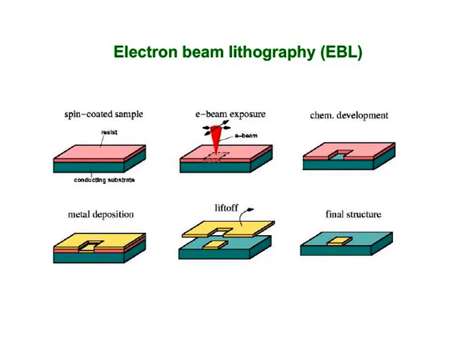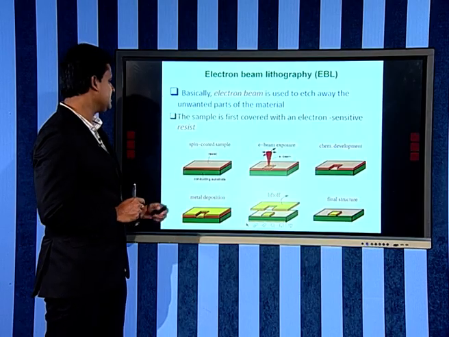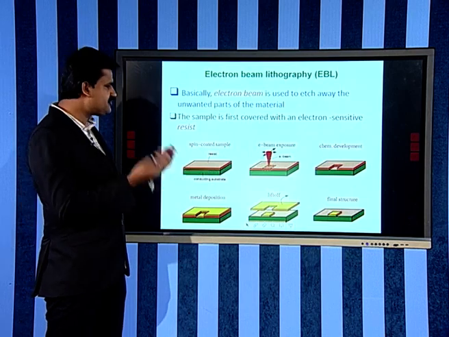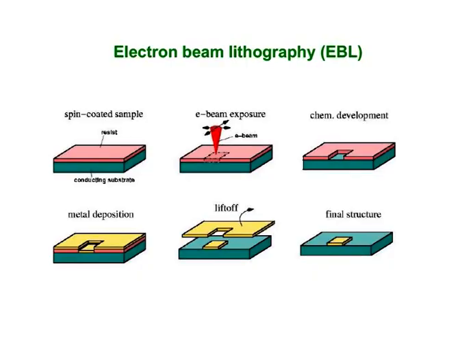As a result of the exposure, some chemical development happens and some portion is removed. After that, metal is allowed to deposit and excess metal is lifted off, and finally we get the nanostructure depending on the electron beam exposure to the resist.